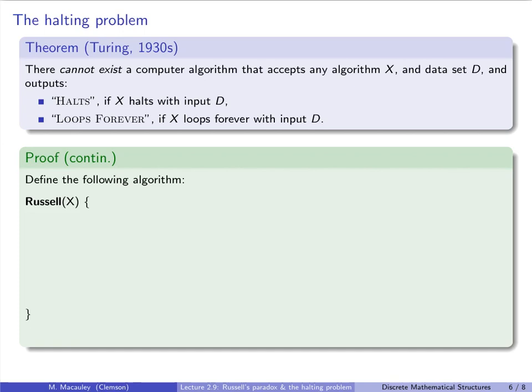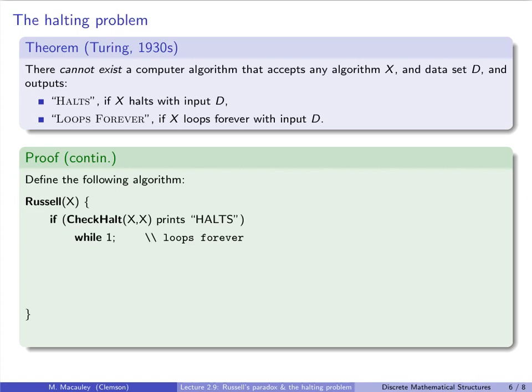I will use this to define an algorithm that I will call Russell, which takes as input some program X, which is just a string of text. So Russell is defined as follows. If running check halt with input X and data set X prints halts, then I will force the program to loop forever.